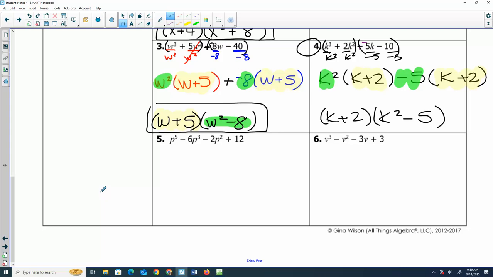Let's look at number 5 together. So when we group the first 2, p to the 5th minus 6p to the 3rd, what can we take out?